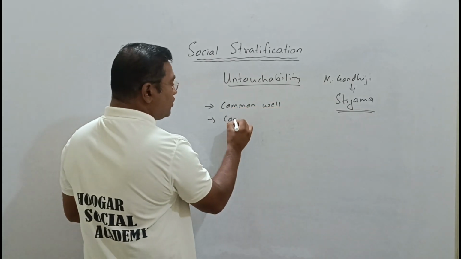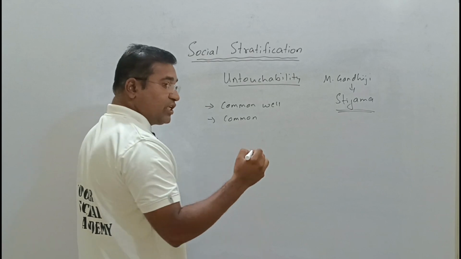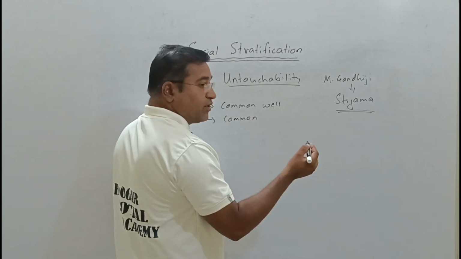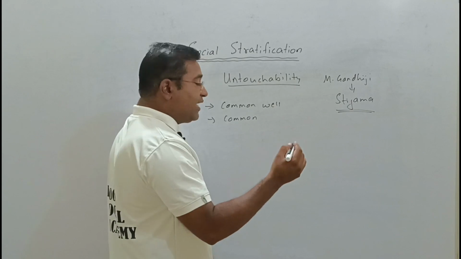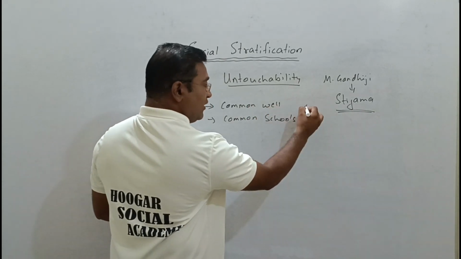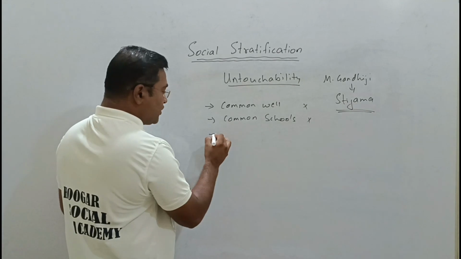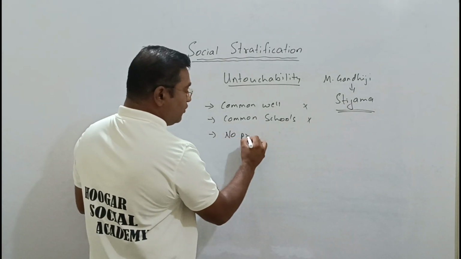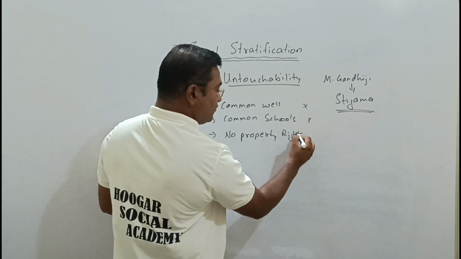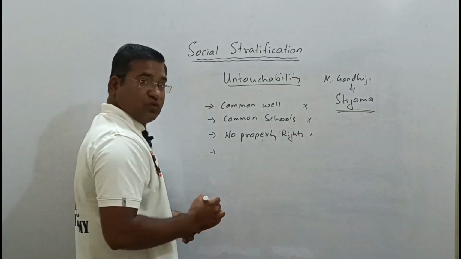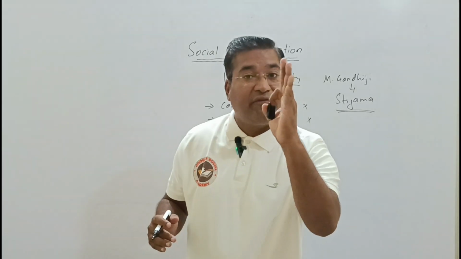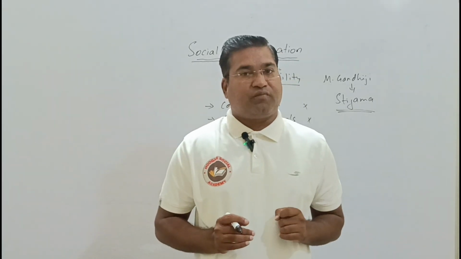Children of untouchables were not allowed to sit with the children of the higher section in schools. Common well, no. Common schools, no. No property rights. They can't come in the way of a high class person.